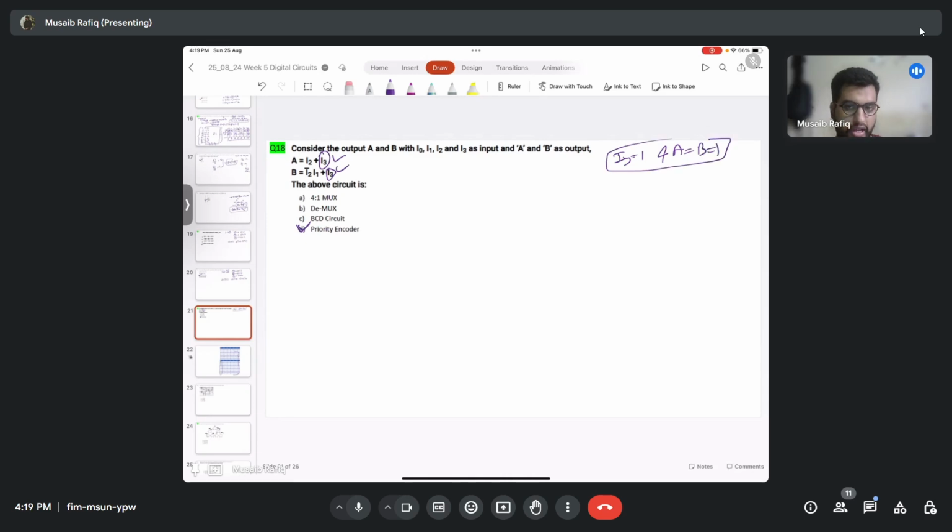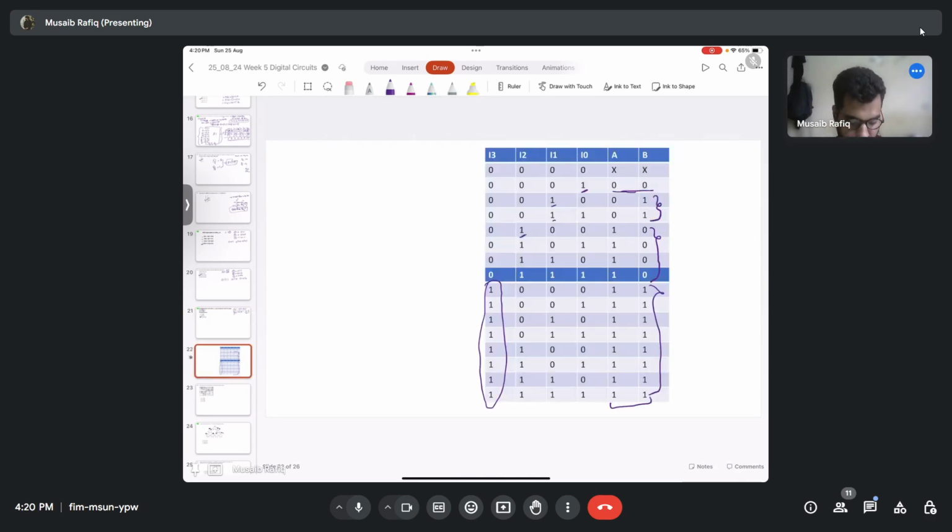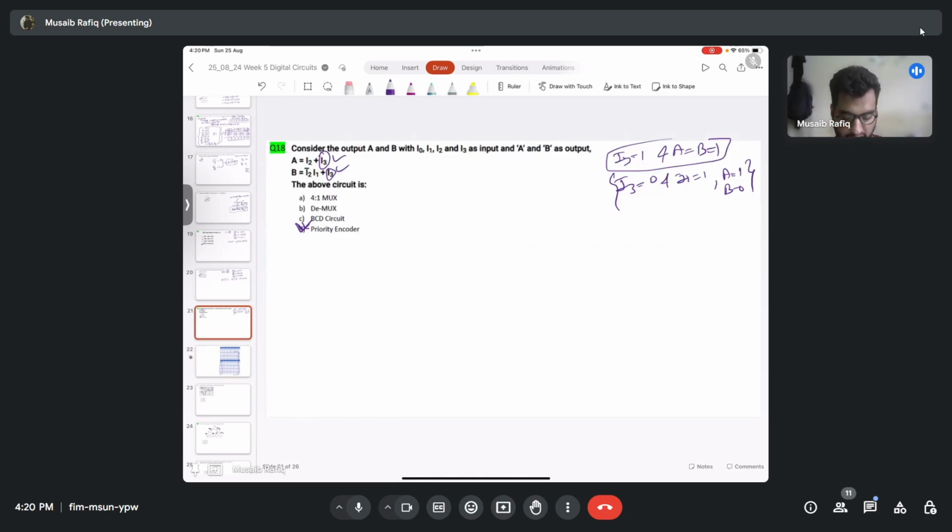If you put I3 equal to 0 and check the condition for I2, when I2 equal to 1, A will be equal to 1 and B will be equal to 0. So this is the priority encoder operation. Even if you have seen this priority encoder truth table, you would have easily guessed that this is the functionality of a priority encoder, right?